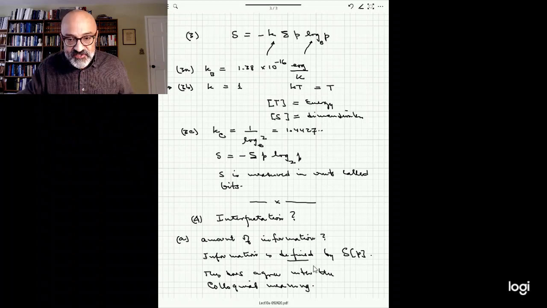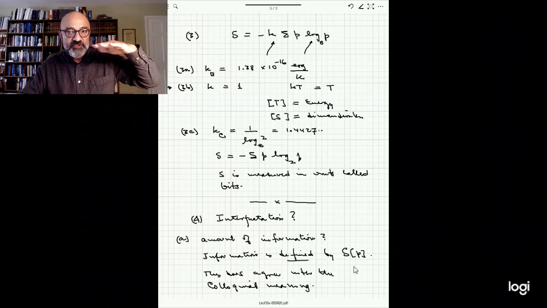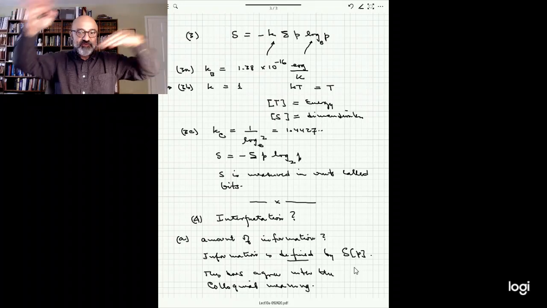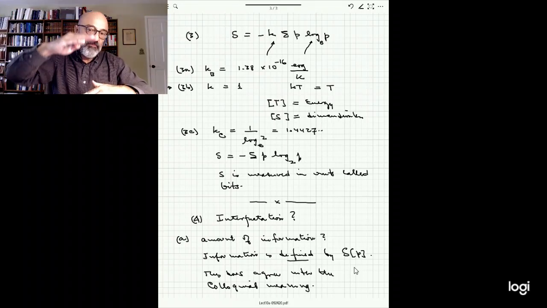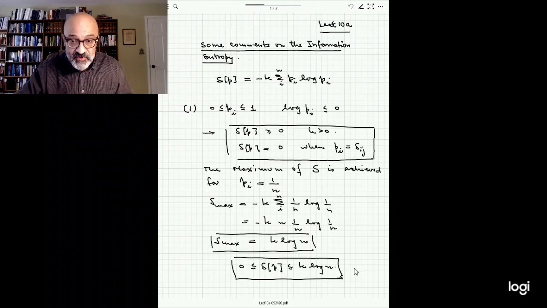If this definition is correct, the moment that I acquire information, the entropy should go down. The maximum of entropy is maximum missing information. If you have more information, you lower the entropy. In fact, we saw that is actually pretty good.